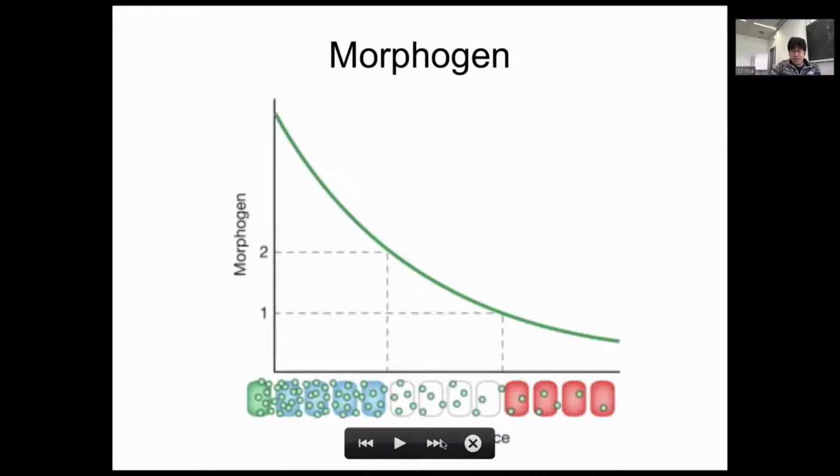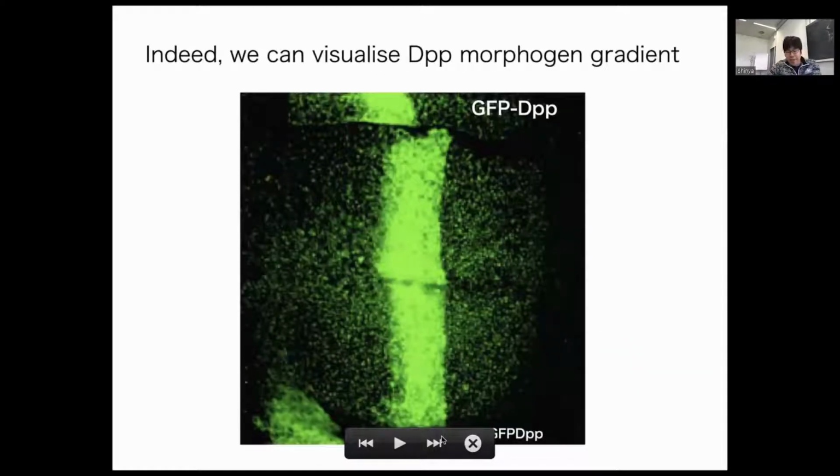And indeed, by expressing a GFP-tagged DPP morphogen, you can visualize such a morphogen gradient in a living tissue. For example, about 20 years ago, two groups published the GFP-DPP morphogen gradient in the wing disc.